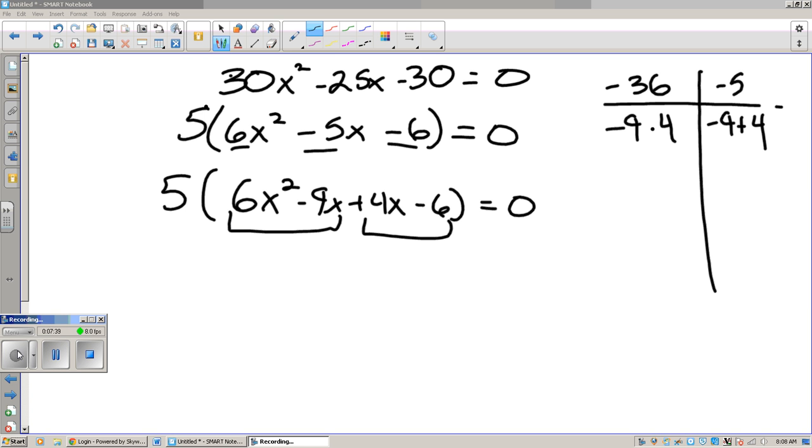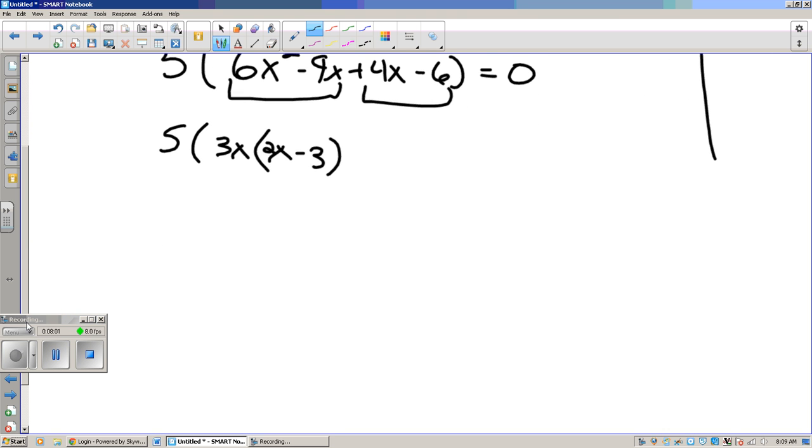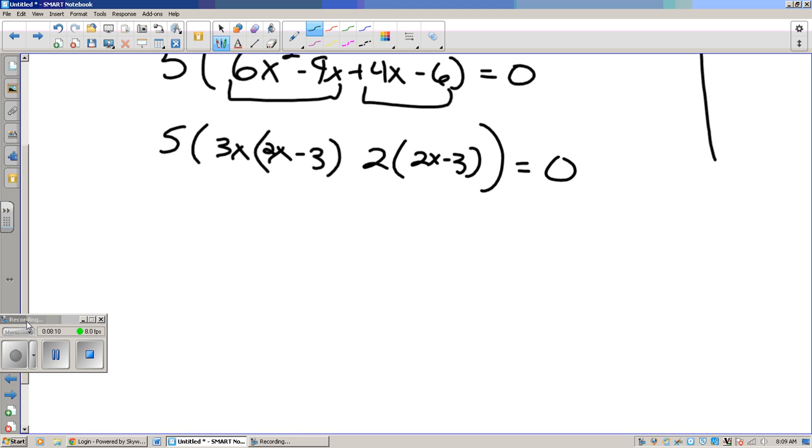I look for a common factor. So here I've got 5 times, and I actually used double parentheses here. I said 3x is the common factor, and I'm left with 2x minus 3, and then I've got a 2 in common, so I'm left with 2x minus 3, and all of that equals 0.